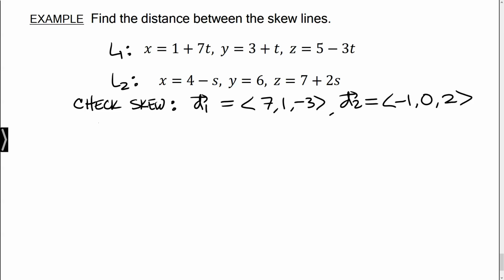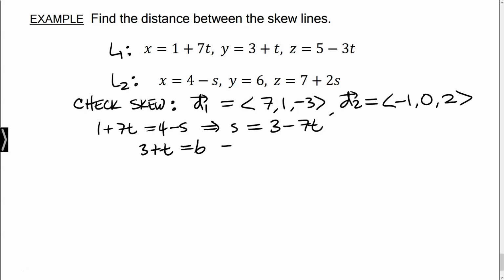So if we set 1 plus 7t equal to 4 minus s, that would mean that s is going to be equal to 3 minus 7t. And now if we substitute that into each of these equations here, the second one we'd get 3 plus t is equal to 6, which would imply, of course, that t is equal to 3. So that means now we can substitute back in, see that s would be 3 minus 7 times 3, 3 minus 21.